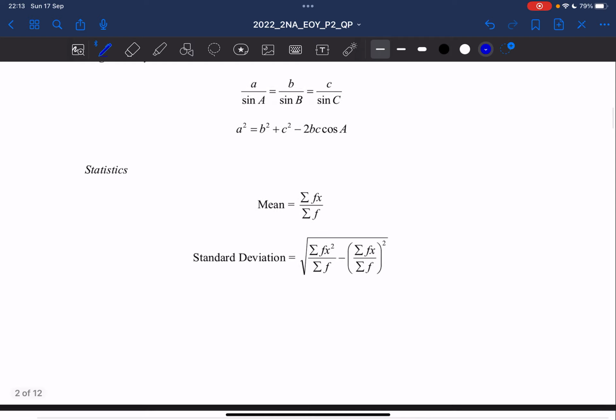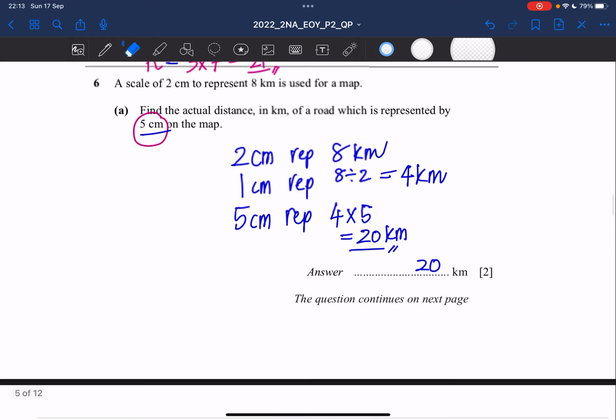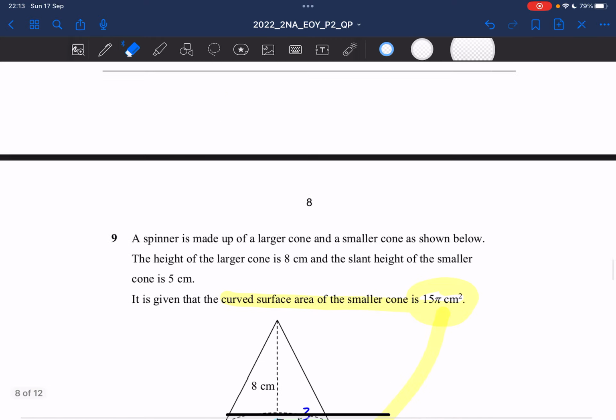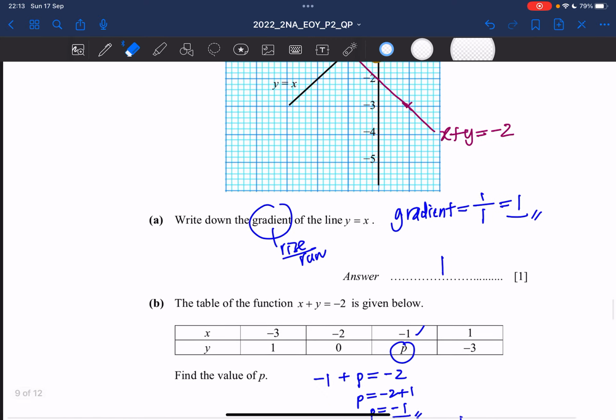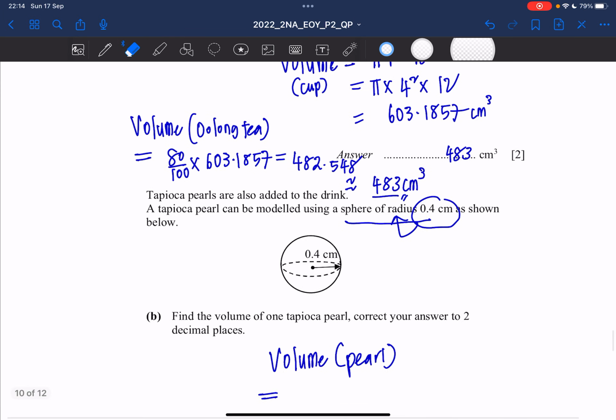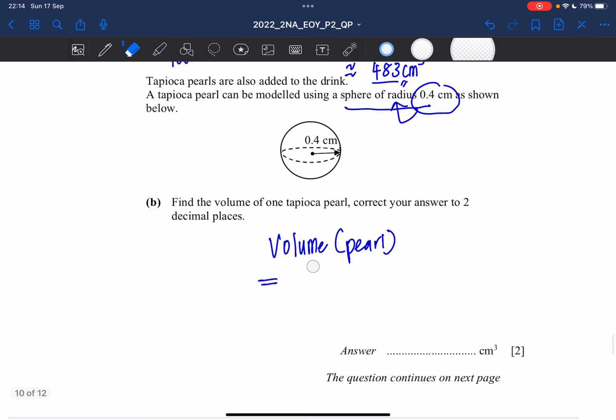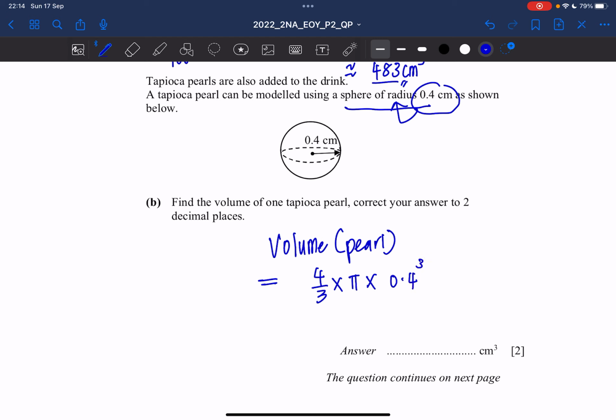Okay, so now let's go back to our question. So it's 4/3 times pi times r power 3. That's all. 4/3 pi r cube.